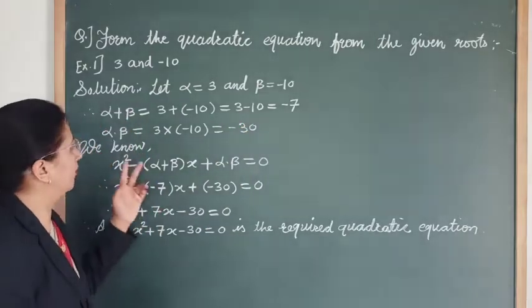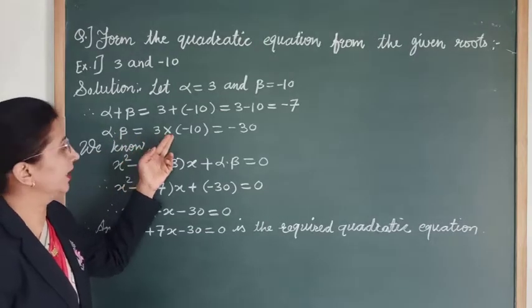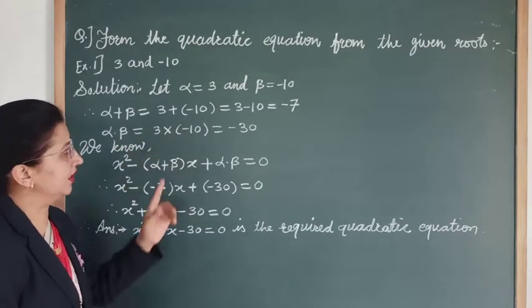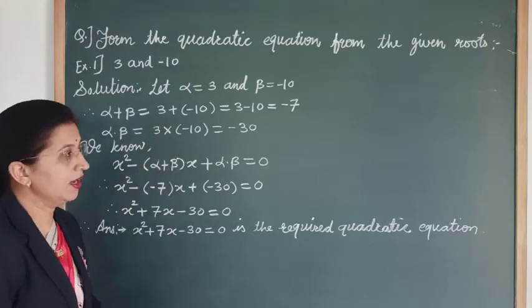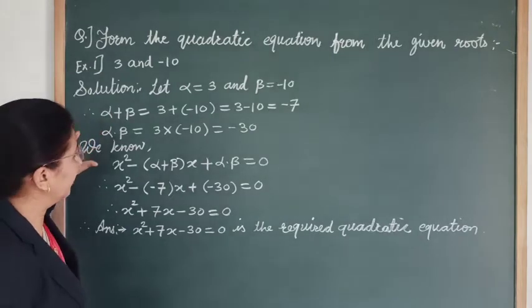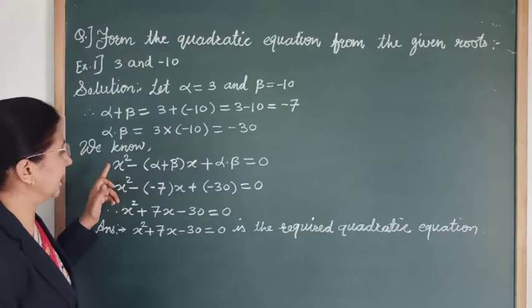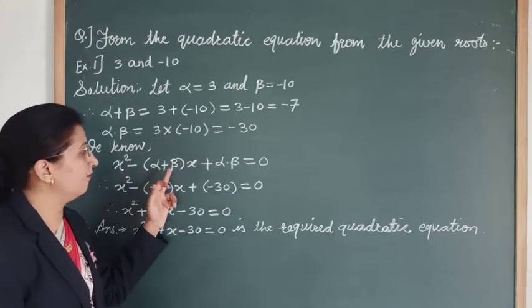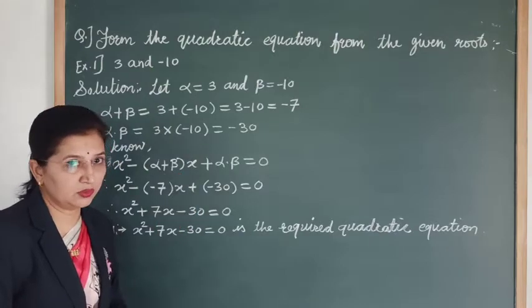Okay, now product of the roots, that is alpha into beta is equal to 3 into negative 10, that is negative 30. Product of different sign negative. Okay, now we got the sum of the roots and product of the roots. Now we know the formula to write the quadratic equation. The formula is x square minus alpha plus beta into x plus alpha into beta is equal to 0.